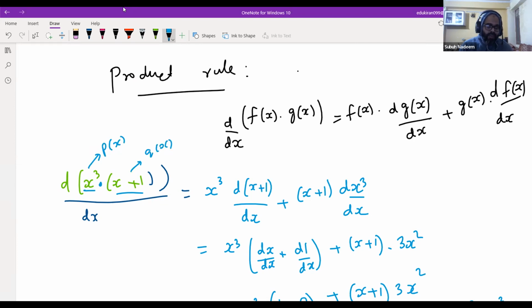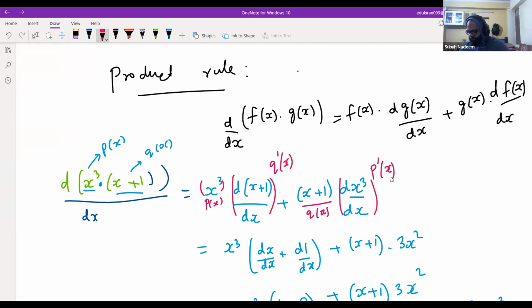So here it becomes px, and this becomes q dash x, this becomes qx, and this becomes p dash x. Okay. So for derivative, we just have to write d by dx.